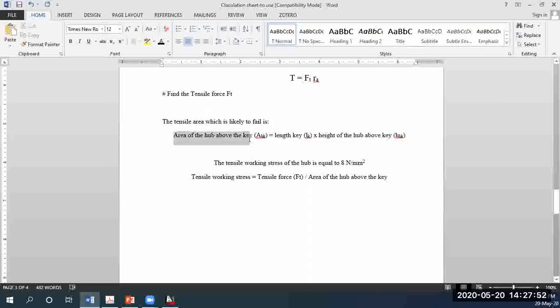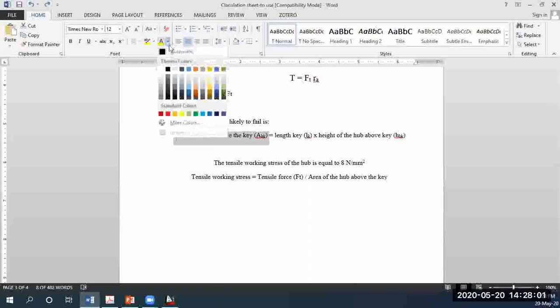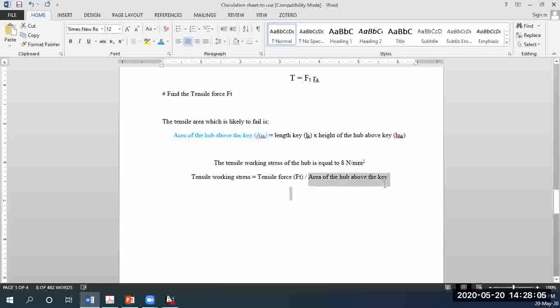Maybe I'll just highlight it so that you are aware. Oh, not the right color to use. So now the only variable for you here would be the height of the hub above the key.